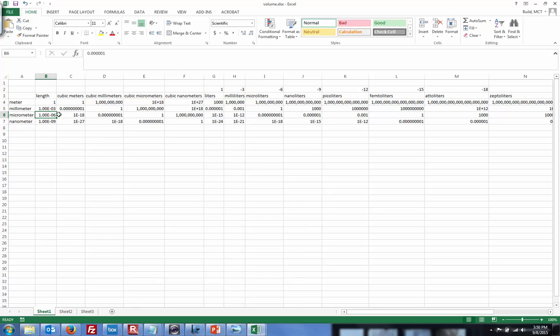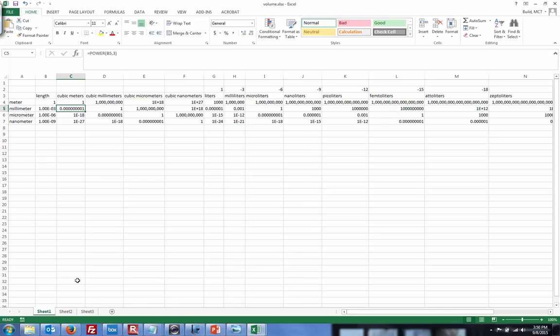And then from here I can see that 1 millimeter is 1,000th of a meter. And then I can also see that 1 cubic millimeter is 1/1000th of a meter.